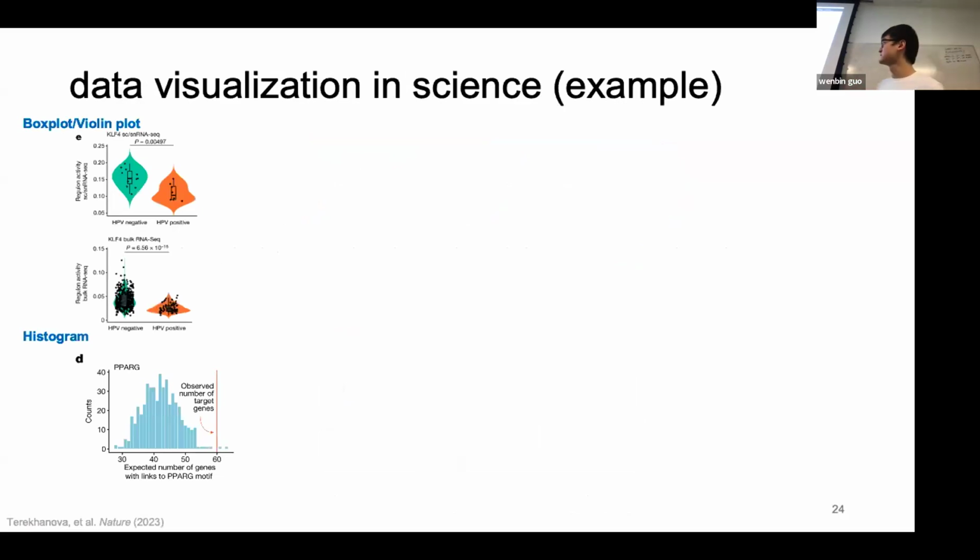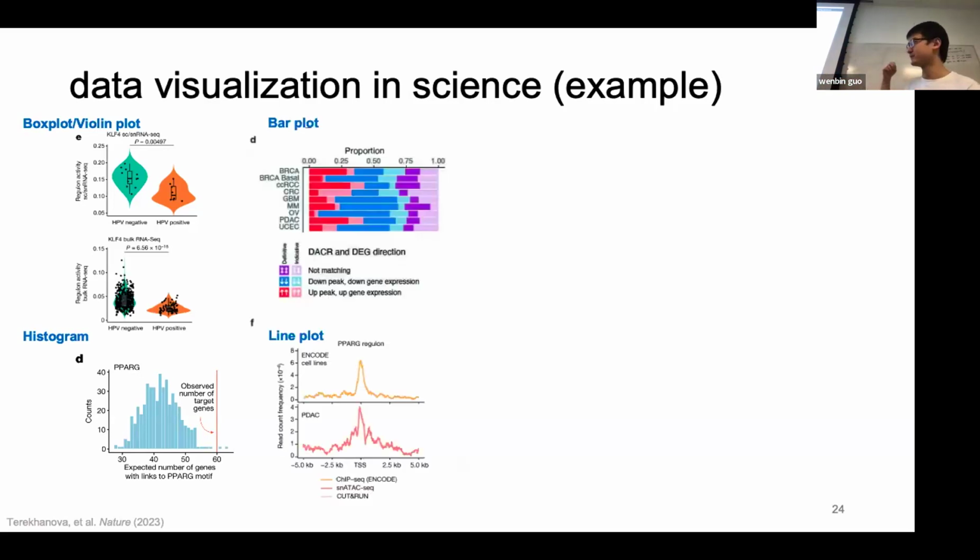Here I want to showcase some examples I took from a Nature paper last year. You can clearly tell, maybe just from the figure itself, that these figures are made by ggplot2, so it's probably not Python or some other language, just using ggplot2 to create them. When we are trying to compare the group difference, we can use the box plot, and if we want to show some distribution about one variable, we can use the histogram.